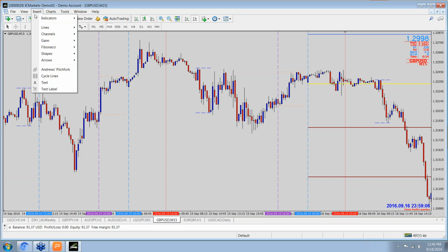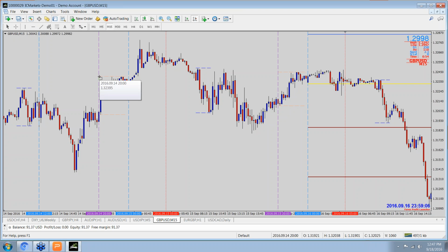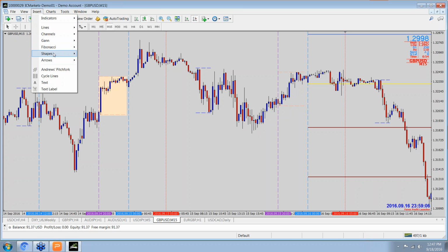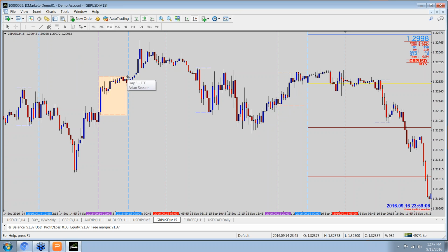So if we look here, let's insert some shapes to delineate this price. Boom. Okay, so we've got our central bank dealing range, right? Now to plot out our standard deviations, we're going to be placing the same size box.